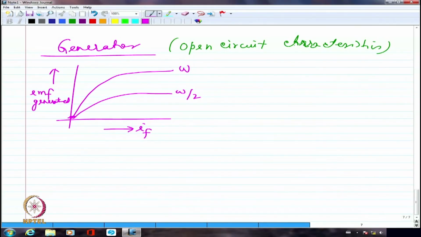This remnant flux will generate perhaps 10 or 15 volts, depending upon the speed at which I rotate it. The rated voltage being approximately 220 volts, this may be only 15 or 20 volts, nothing more than that.